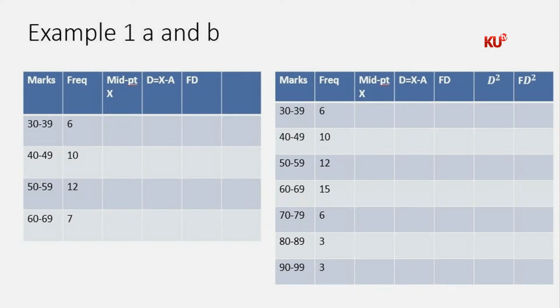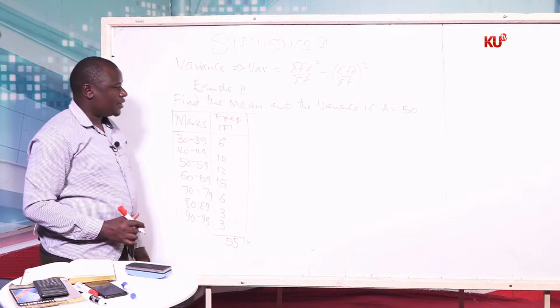Now, this is a different class and it has more students. The frequency, which we normally write as F, is as follows, as shown on the screen: 6, 10, 12, 15, 6, 3, 3. And you get the sum of this frequency, you notice it is 55. The students were 55.